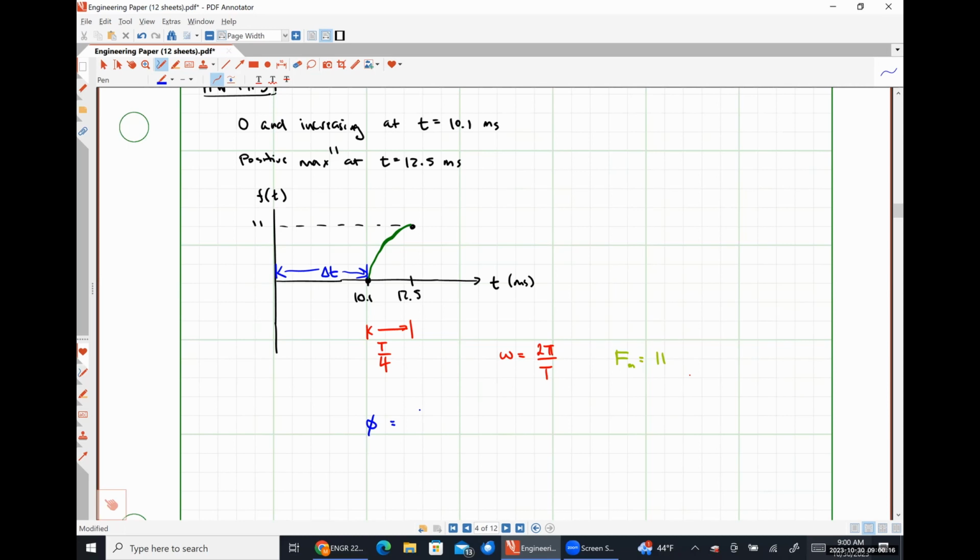So omega, radians per second, times delta t, measured in seconds, gives us an angle in radians. The phase angle is going to be a negative quantity because we are shifted to the right. Because we want our phase angle expressed in degrees, I'm going to multiply this by 180 degrees over pi. For the first part, I think you're told that you want the phase angle to be a positive quantity as well, which means I'm going to add 360 degrees to it.